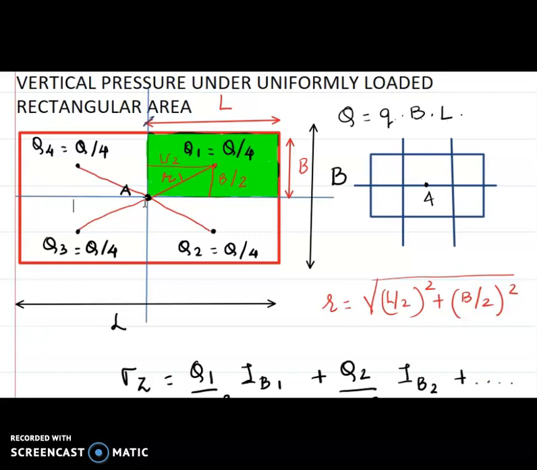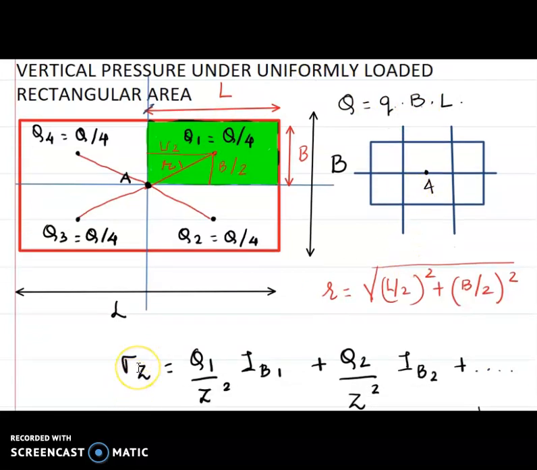Okay, so once we divide this into areas, then we find out the value of this r from the point A to the point loads. How do we determine the point loads? Multiply intensity by the dimensions of the areas. Once that is done, then it is very simple. Then we just find out a stress due to each of these areas and add. So Q1 by z squared into IB1. IB1 will be the influence factor for first area.